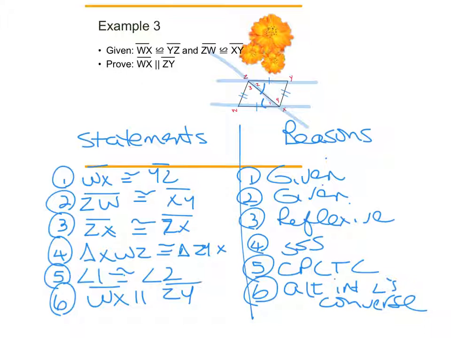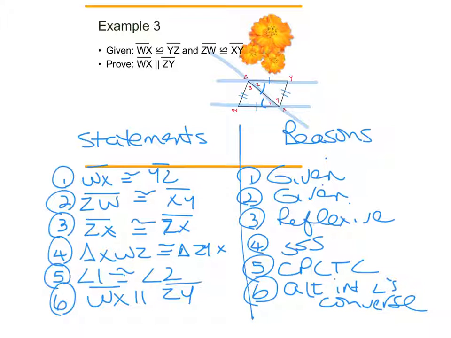So this one was a little different. We still had to use the CPCTC, but the last statement to prove lines parallel were those five reasons. When we start the chapter on parallelograms, we're going to be referring back to those five ways to prove lines parallel, because in a parallelogram you're going to have two pairs of parallel sides.